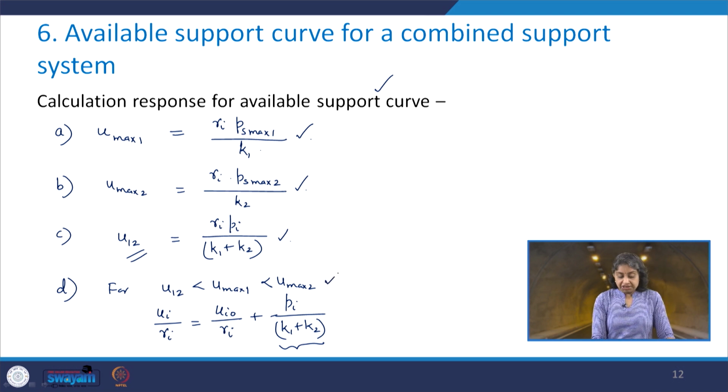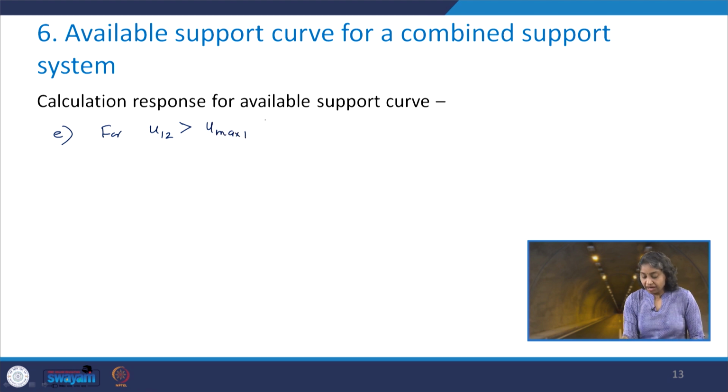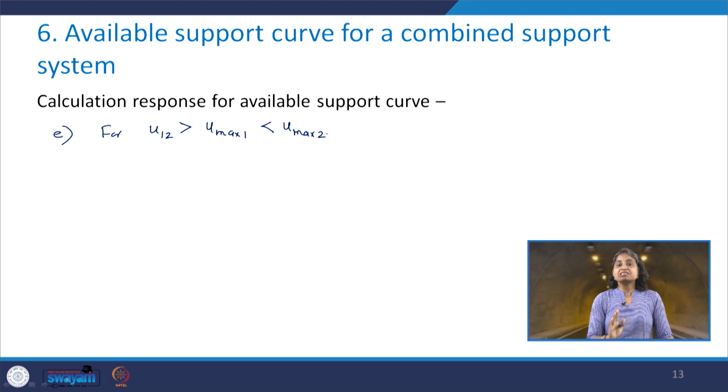But if this condition is not satisfied, then how should we go ahead? For such a case, we need to take another logic, that is for u12 more than u max 1, but less than u max 2. So, this means what?